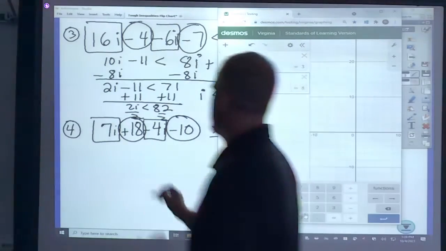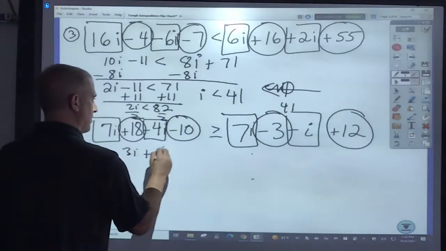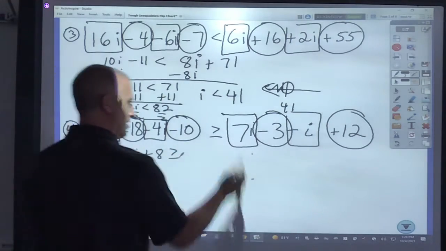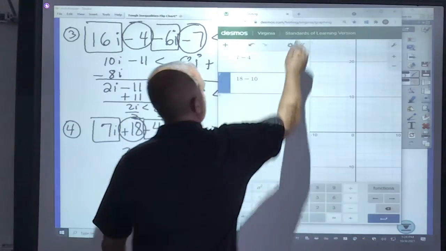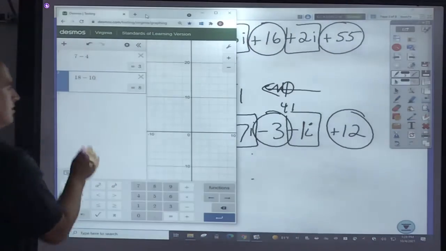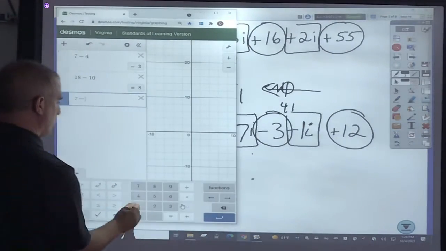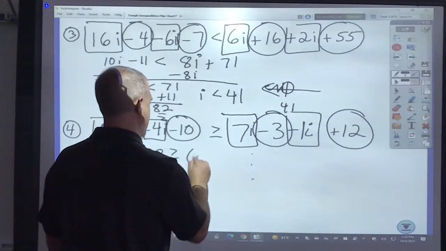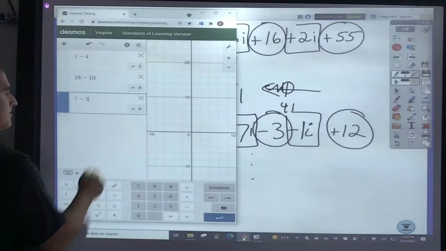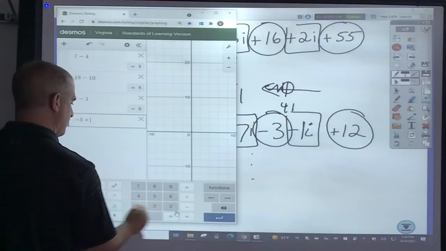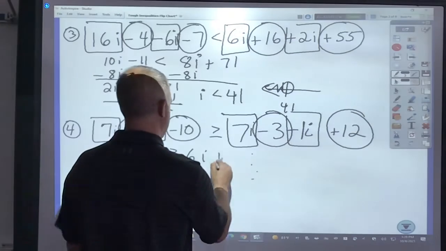So I got 3i plus 8. Now what's this thing here? That's going to be a negative 1. So I got 7 minus 1, which would be 6i. And then I got negative 3 plus 12, which would be 9.